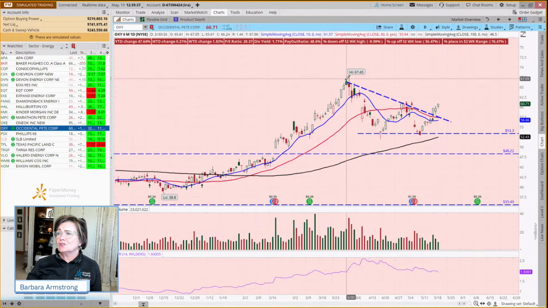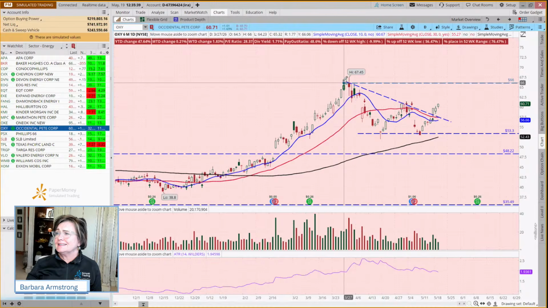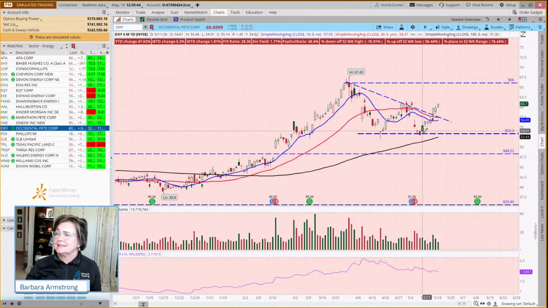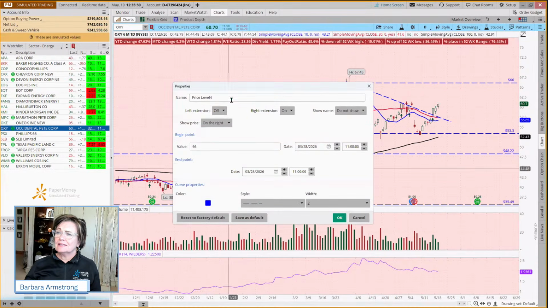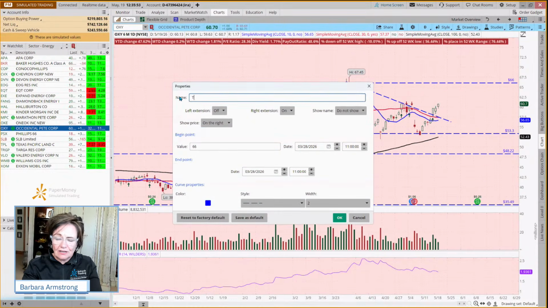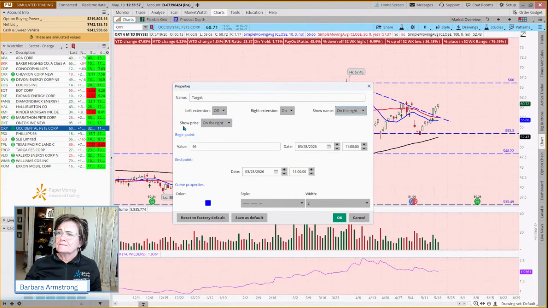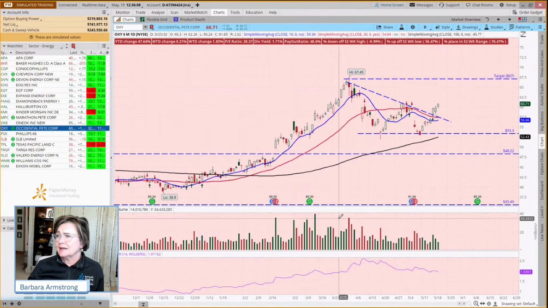And where might we put a target? Well, we might say, this 67-ish level looks pretty solid, 66, 67. It's currently trading at $60.70. So if we said, okay, we'd like to make this a target, and we're going to put our target at 67. If you can make $6 on a $60 stock, that smells a lot like 10%.